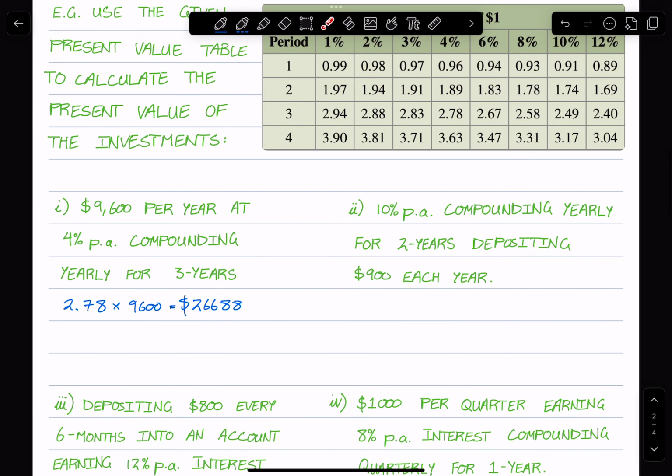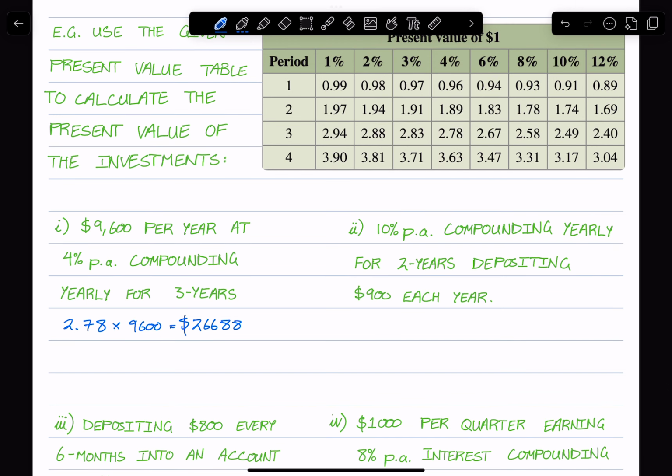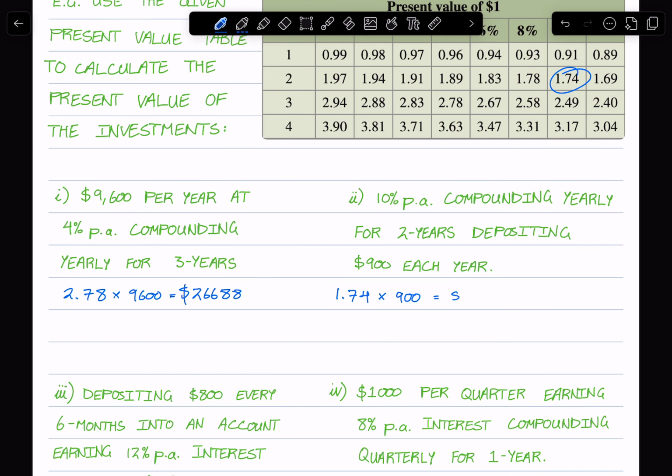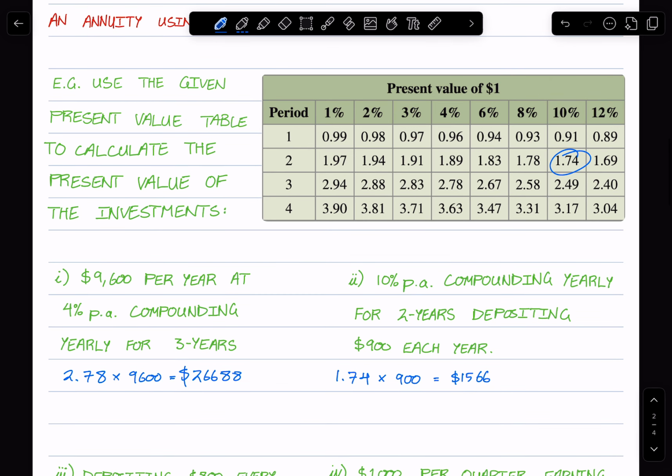But that is a repeating deposit of this amount. Well, now that we have this value, we simply go 1.74 times the recurring deposit. So 1.74 times 900. The present value, or the single deposit, is 1566.